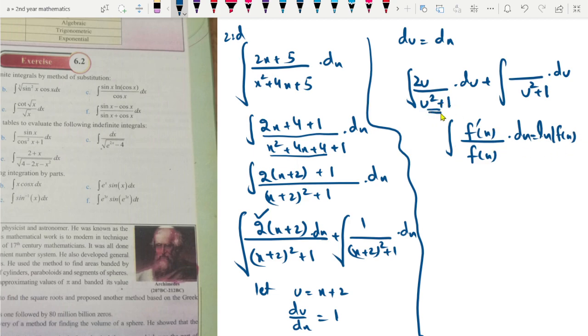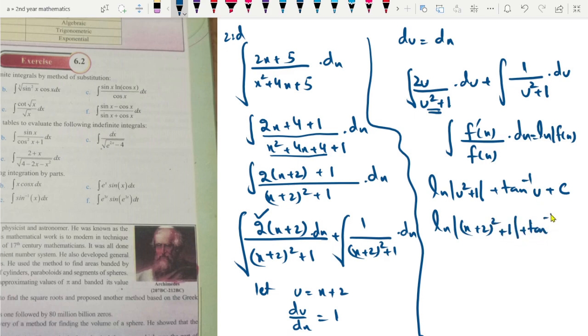When you take the derivative of this one, you will get this one. So this is equal to natural log of u square plus 1, and the other is tan inverse of u plus c. Now putting the values, u is equal to x plus 2: natural log of x plus 2 whole square plus 1, plus tan inverse of x plus 2 plus c. So this is our final answer. Now we will discuss the last part of the question.